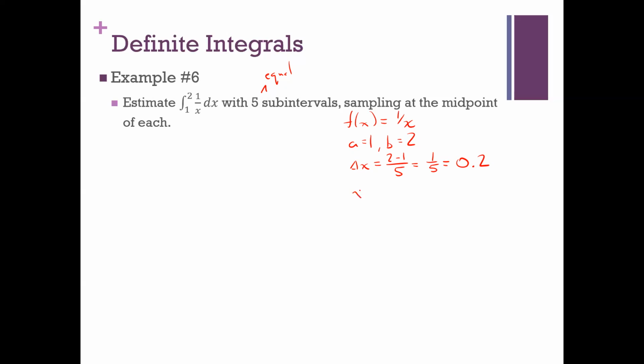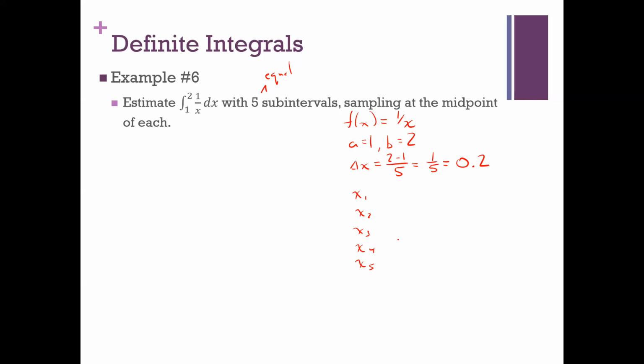Now let's do this. How many of these x values do I need? I heard 4 and I heard 5. And I blew it by writing after x sub 4. Why do we need 5? 5 intervals, right? So 5 subintervals. How many sample points do I need for each one? Exactly 1.